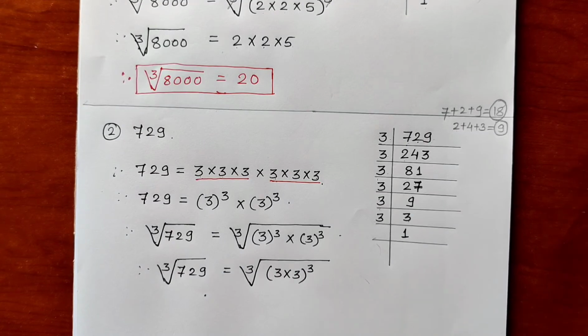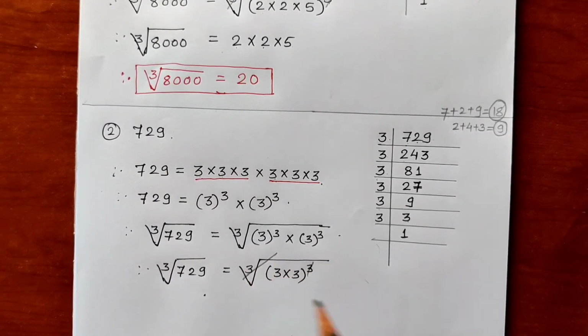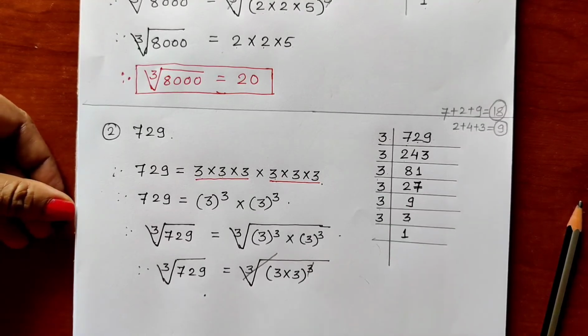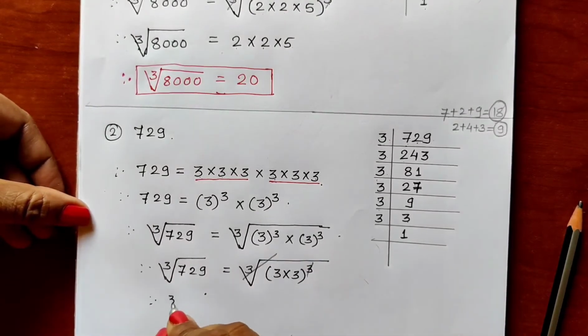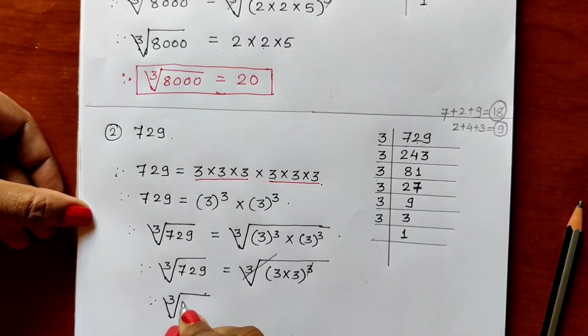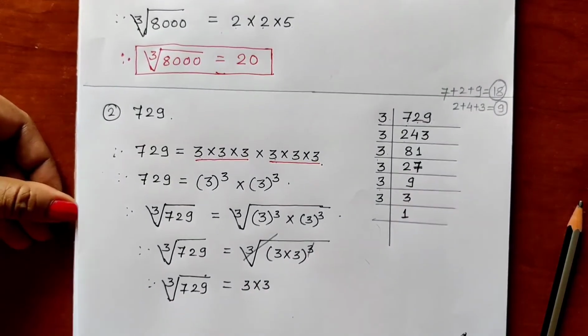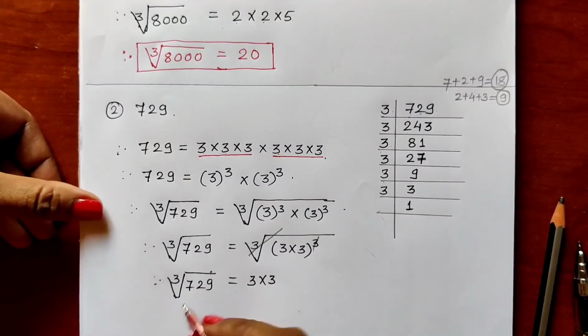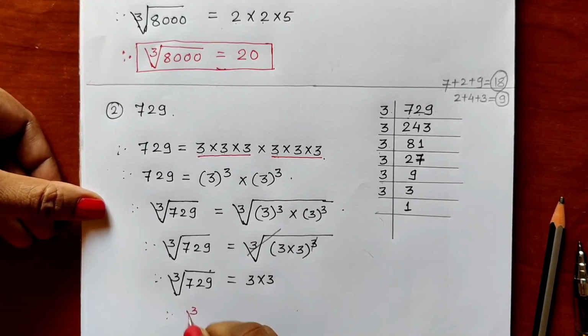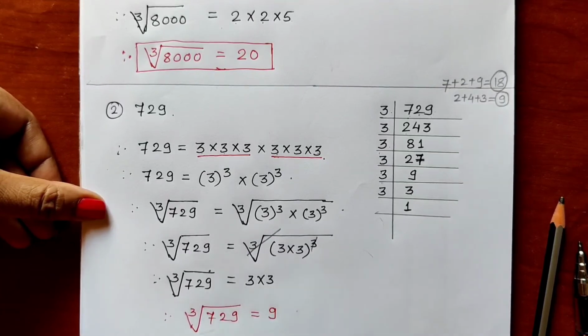Now this cube and cube root will cancel each other and only 3 into 3 is remaining, and therefore cube root of 729 is equal to 3 into 3. We have to remove the symbol of cube root, and in this way in the end we get the answer: cube root of 729 is equal to 3 3s are 9.